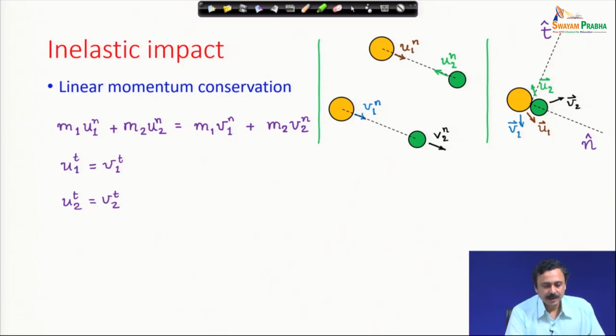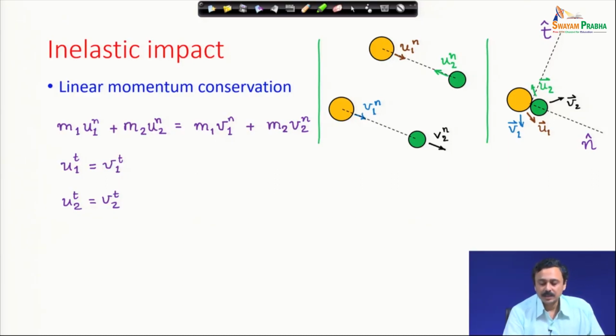But remember that we started off with 4 unknowns, 2 of them are trivially solved by the last 2 conditions here. We are left with 2 unknowns, the normal components v1n and v2n, but we now have only the linear momentum conservation of the system in the normal direction. We do not have the energy equation, energy is not conserved.